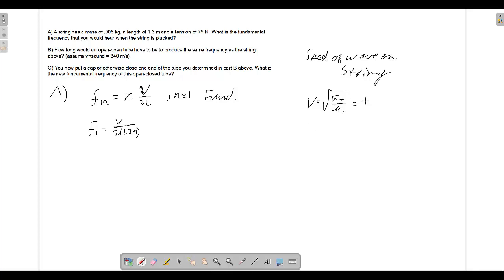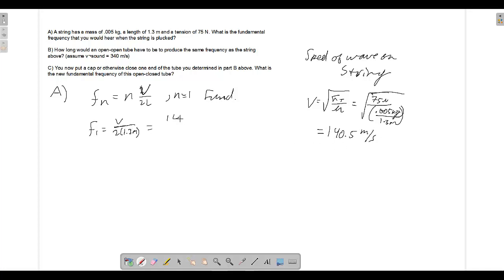So we've got the square root of our tension, 75 newtons, over the density, which is the mass over the length, so 0.05 kilograms over 1.3 meters. Plugging all that in and taking the square root, the speed of the wave is about 140.5 meters per second.